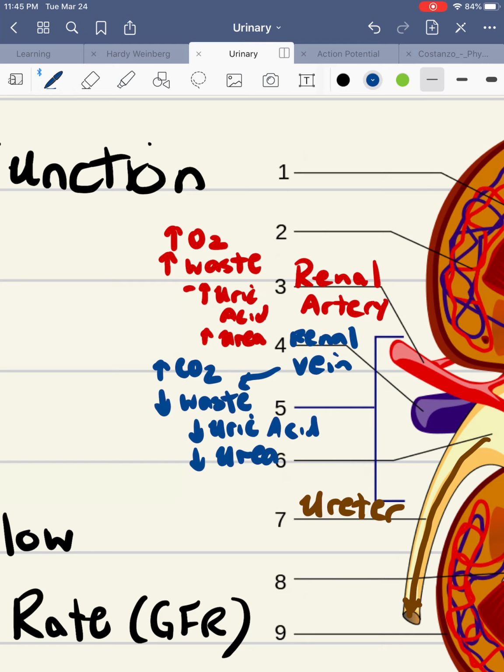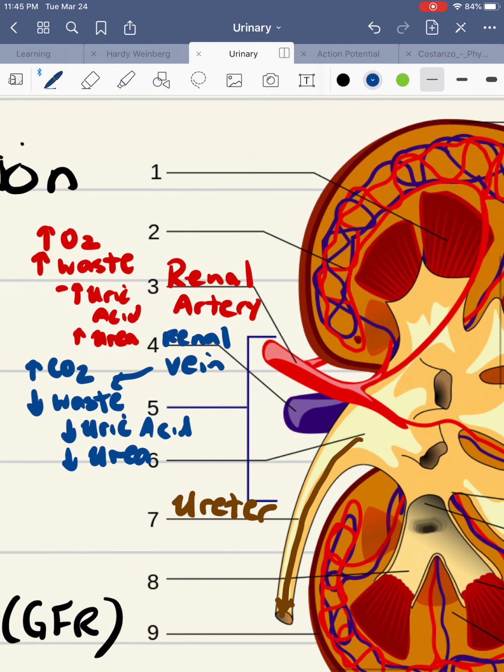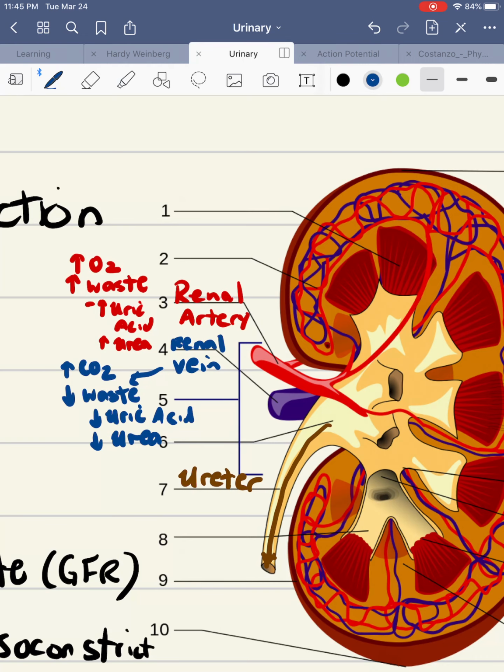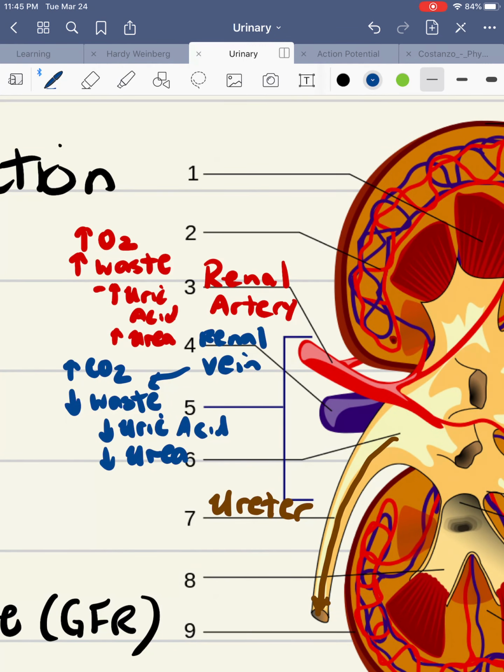And I know every time we look at blue, we associate that with bad. And every time we look at red, we associate that with good, because red means it's oxygenated, so it must be good. Well, this is an exception. Any oxygenated blood that goes into the kidneys via the renal artery has much waste that has to be filtered.